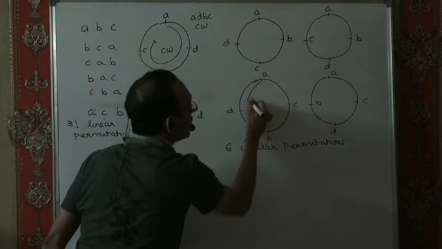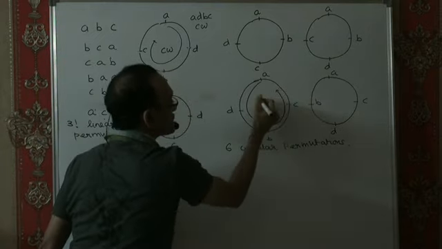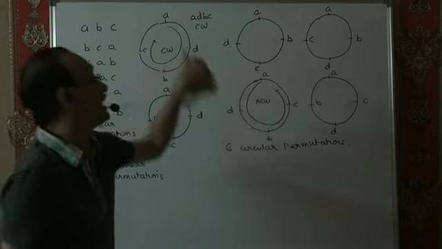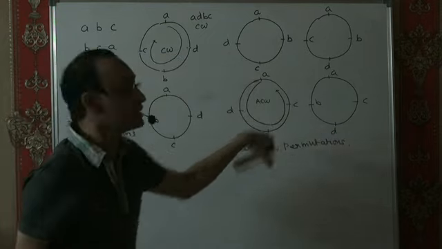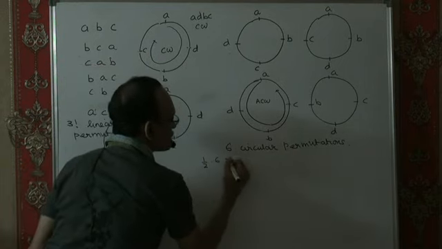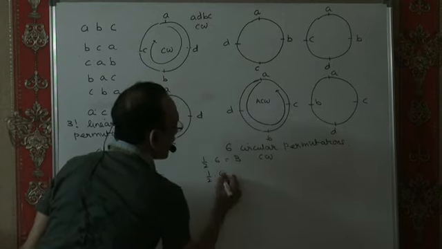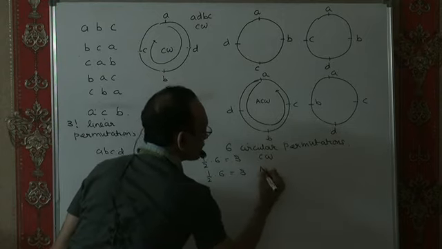Yes, there is an ADBC which is featuring anti-clockwise. Which means with every arrangement which is clockwise, I find an identical arrangement which is anti-clockwise. That means half of these 6 circular permutations, which is 3, are clockwise, and half are anti-clockwise.